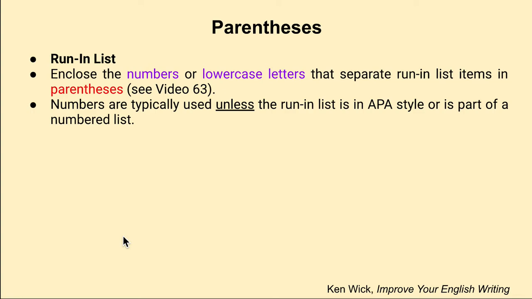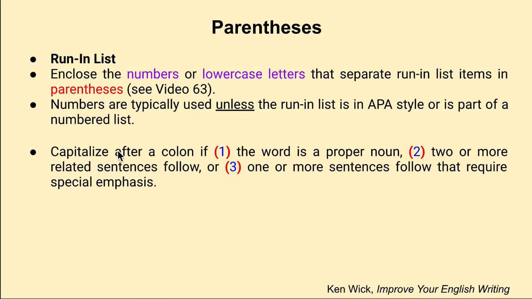So let's look at some examples. If you're not sure what a run-in list is, here's an example. So this is an example of a run-in list. The run-in list is basically a list of items, and each item is separated, has a number or a letter attached to it.